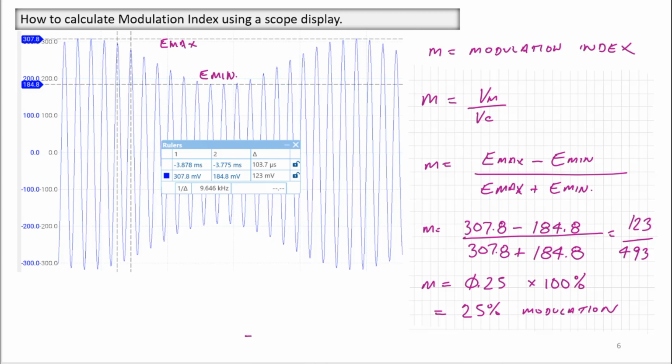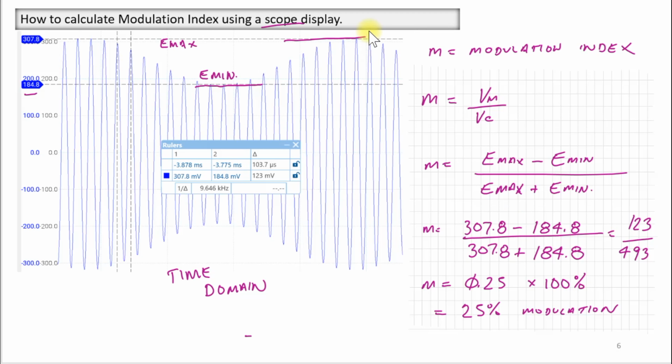Okay. Now, another way to calculate the modulation index is using the scope. Okay, so using the time domain. Looking at the signal on the picoscope, I want to set up one of my cursors so that it's at the minimum value of that modulation point, and then the maximum value.